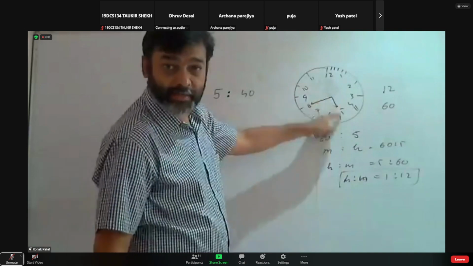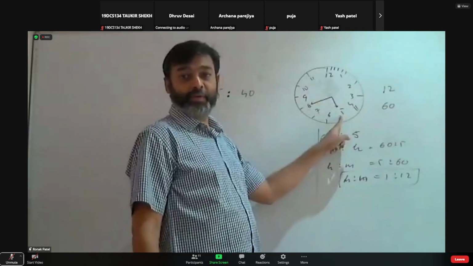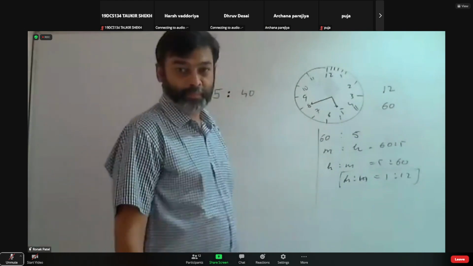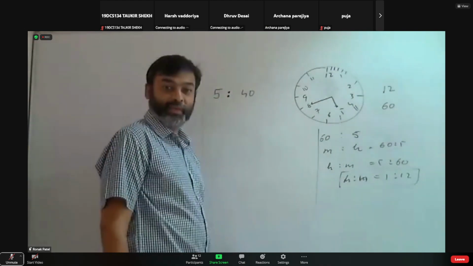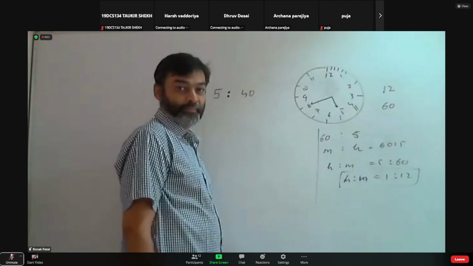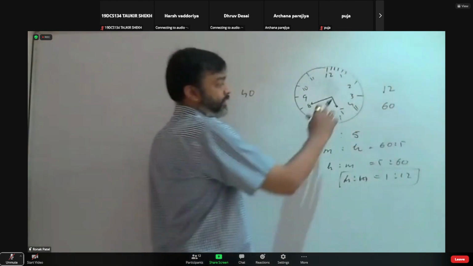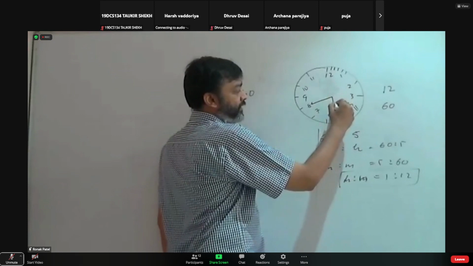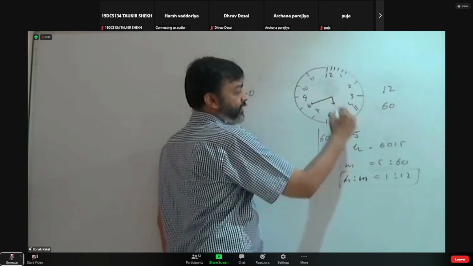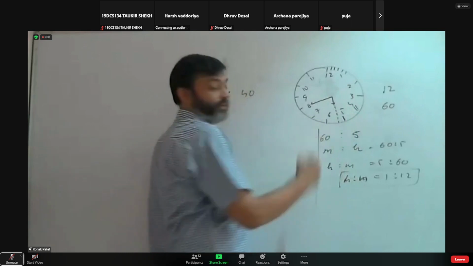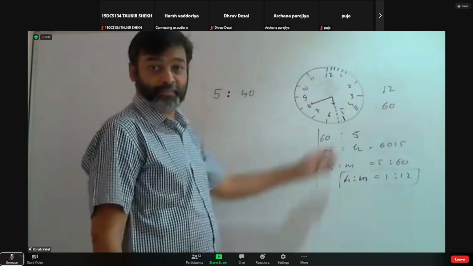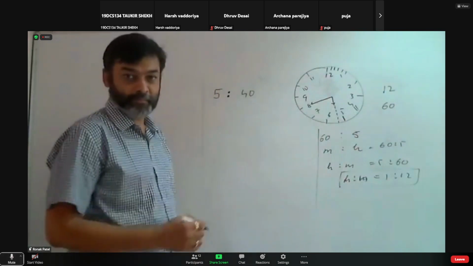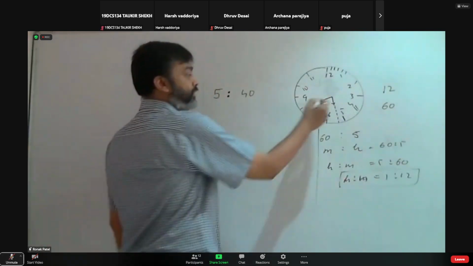Will the hour hand be exactly on the 5 or somewhere ahead of 5? You think and tell me. Because at 5:40, the hour hand will be quite a bit ahead of 5. If your 5 will be here, the hour hand will be somewhat more than halfway. Are you clear on this? So you are asked this angle.